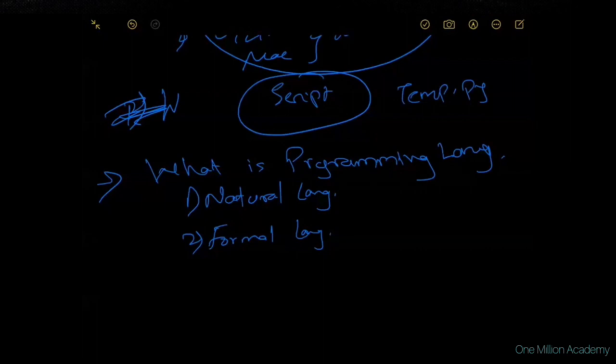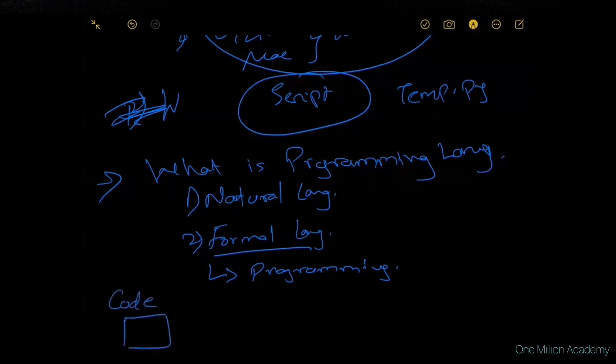So we were at this point. This is natural language and this is formal language. Now in formal language, we have seen that it is programming. So what are the things included in this programming stage? Let's say there is a code, some set of instructions.